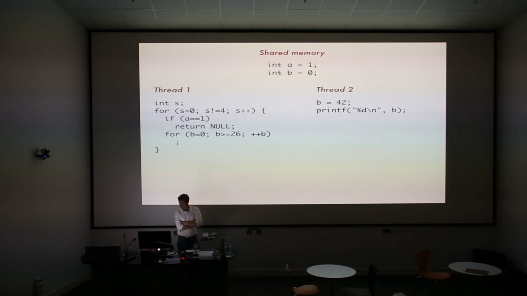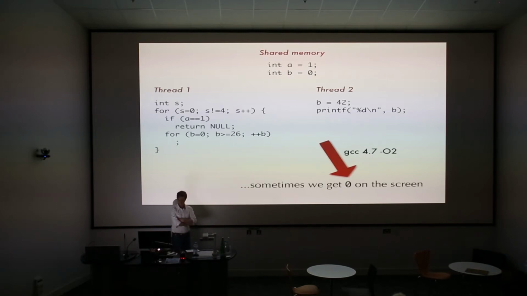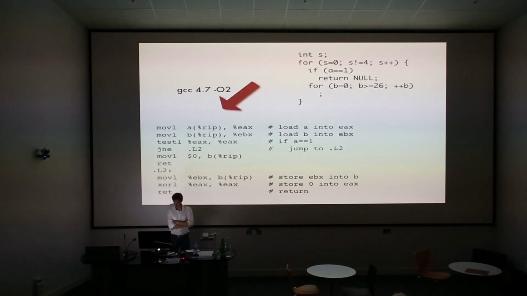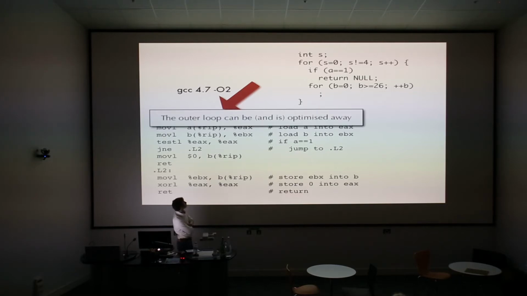Now, we compile it with GCC 4.7 at -O2, and sometimes we get 0. So we can start looking at what GCC generated. This is the assembly. The first remark is that the outer loop, so the 4S, can be, and actually is, optimized away.